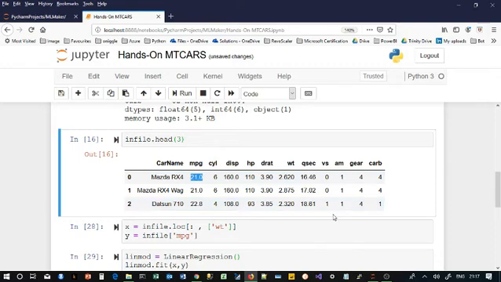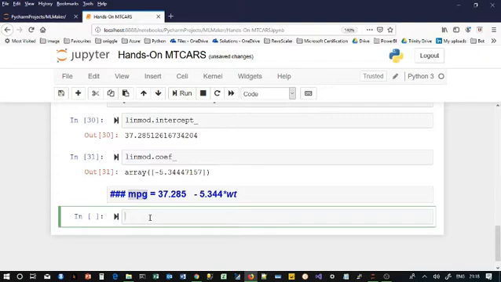So what we have to do is we have to generate a predicted miles per gallon using the equation and then compare it with the original miles per gallon field. In order to predict it, all I have to do is create a variable predicted miles per gallon equal to my model name dot predict, and I give my x.